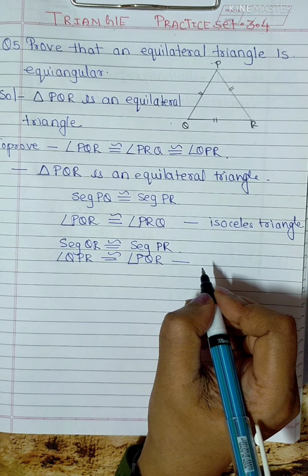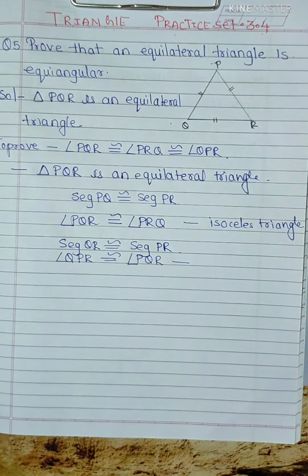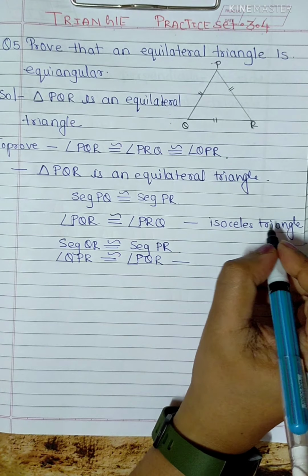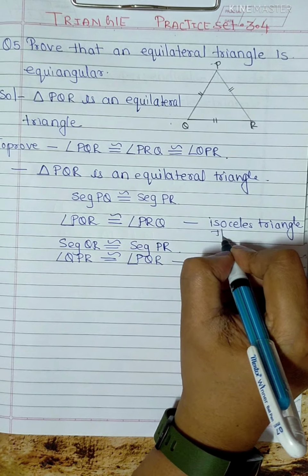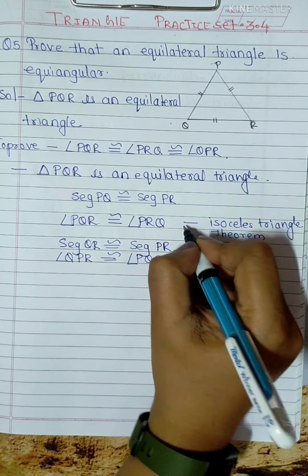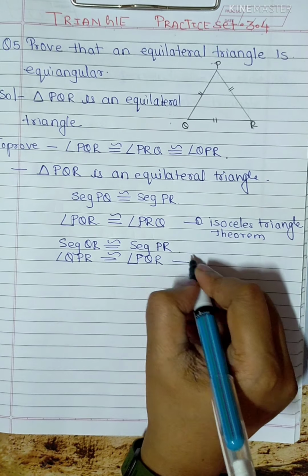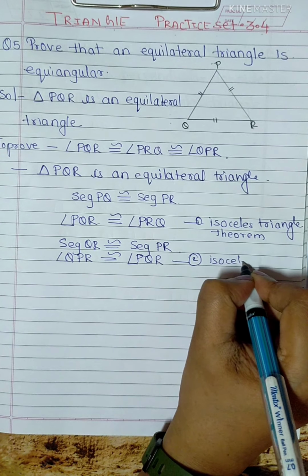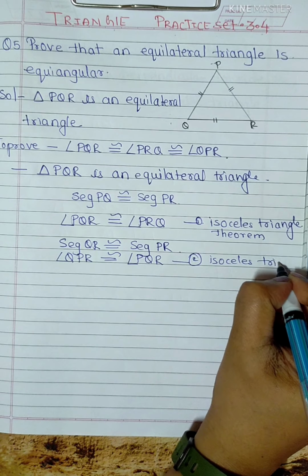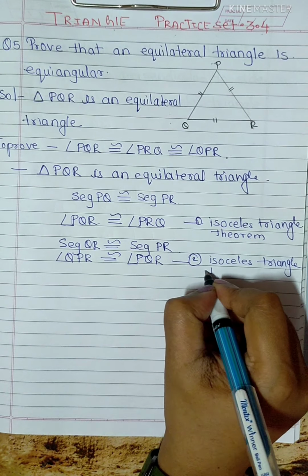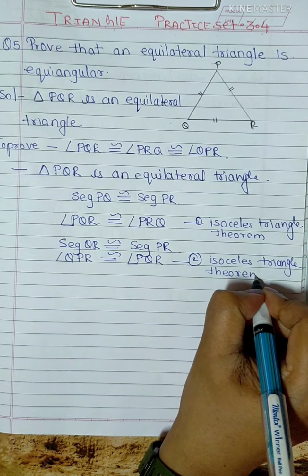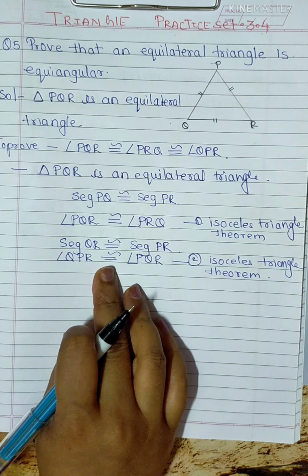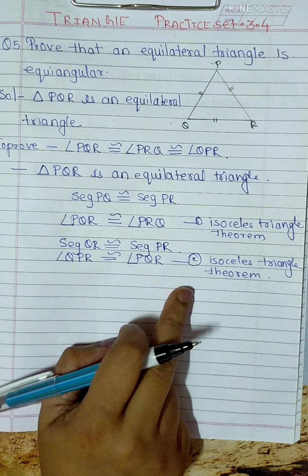Here as you can see, what is given? This is also isosceles triangle theorem. I have forgotten to write theorem here. This is the first condition. This is the second condition. Isosceles triangle theorem. Even you can write angle opposite of equal side.